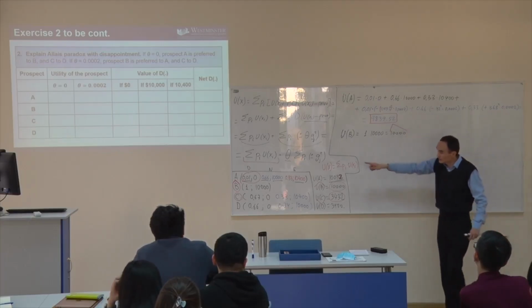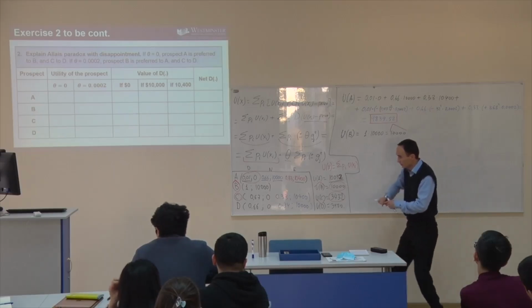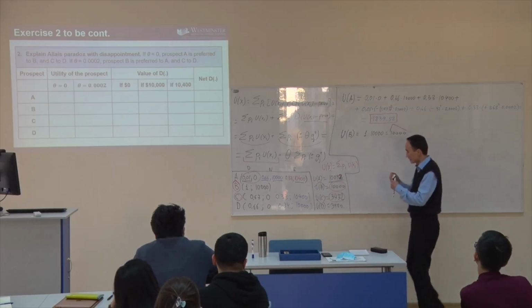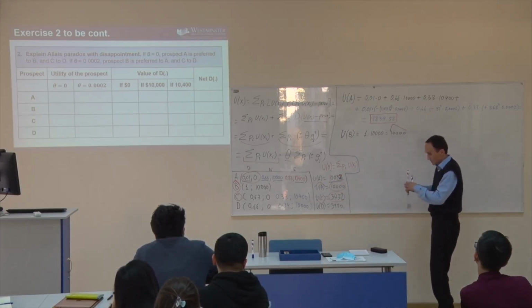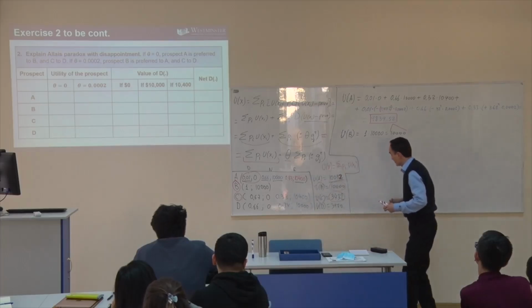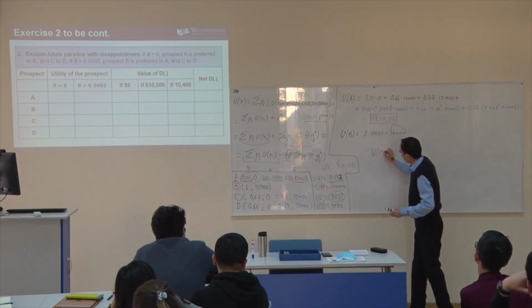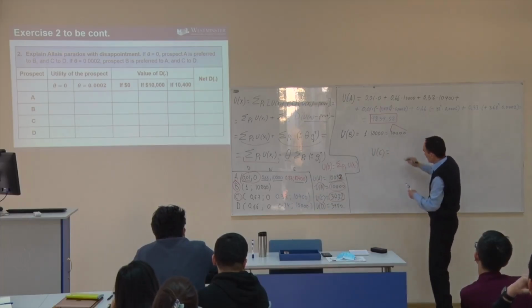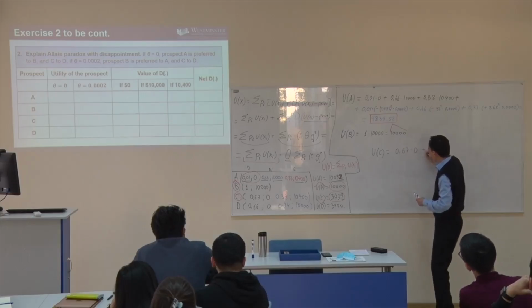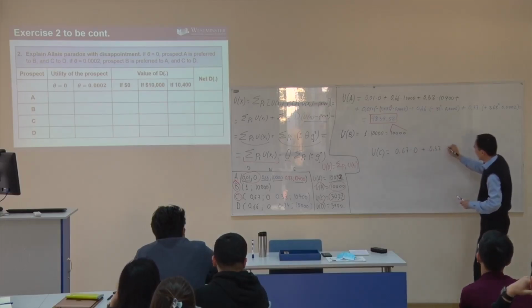Let's calculate it with C and D. How is it going to be different? Because here we have 0 cases. Let's do it for C. So utility function for C equals: there is 67% probability of getting 0 plus 33% probability of 10,400.